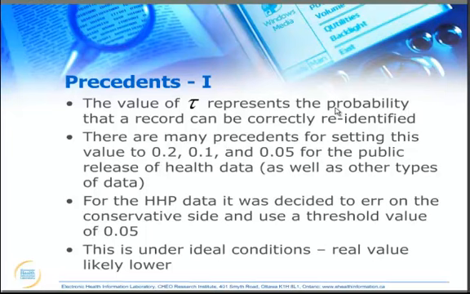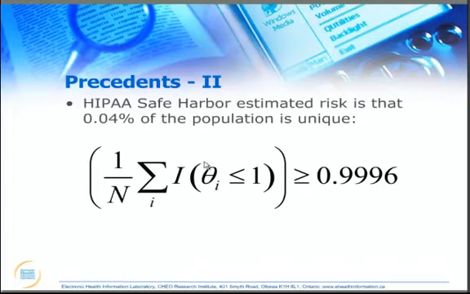Based on that, if we plug in those values here, essentially what this says is that HIPAA safe harbor ensures that 0.9996 of the population has a probability of identification that is less than 1. So the tau is 1 and the alpha is 0.9996 in the equation that I showed you earlier on, and that's the risk level that has been published for safe harbor and generally accepted.